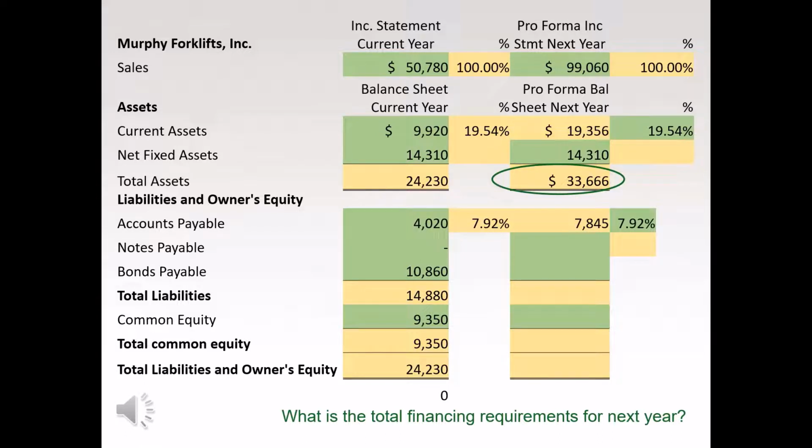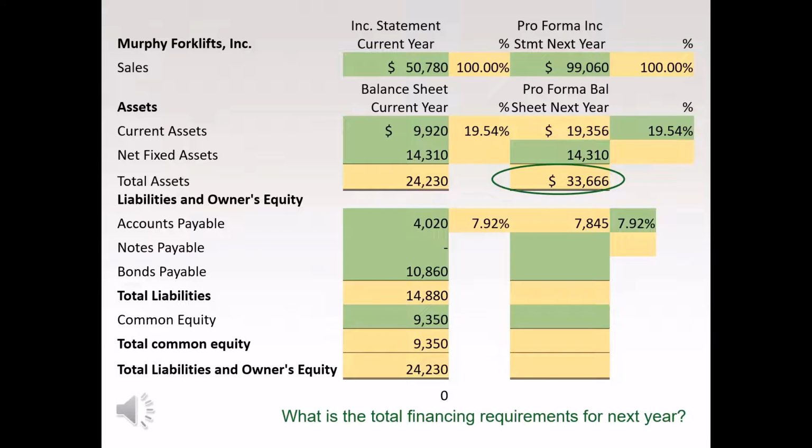Now that we know how much financing we need, we can start chipping away at our sources of financing through our liability accounts and our equity accounts. So the first one is accounts payable. We're going to calculate this the same way as we did our current assets.